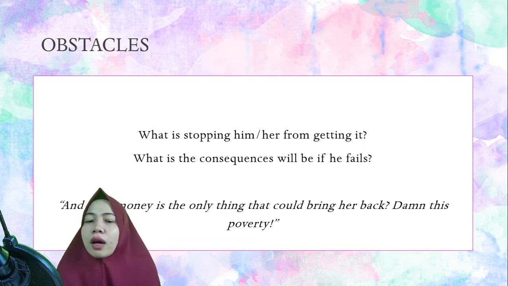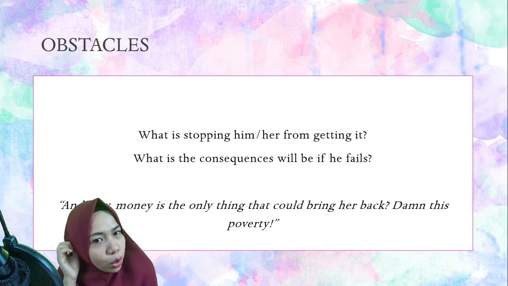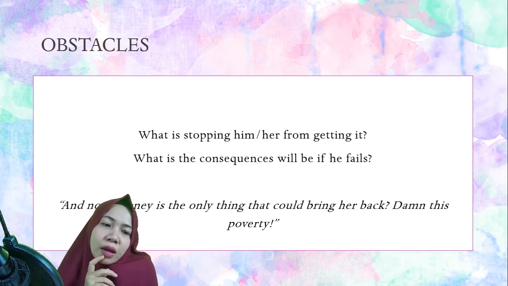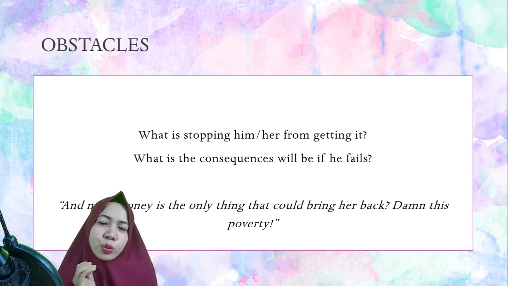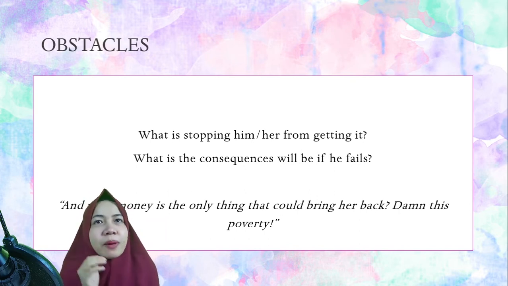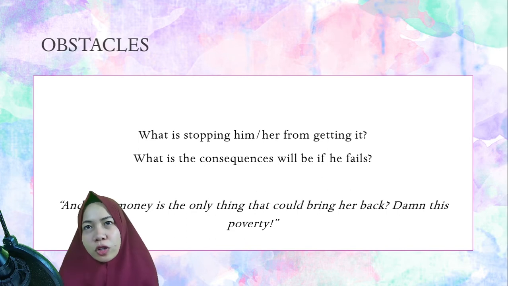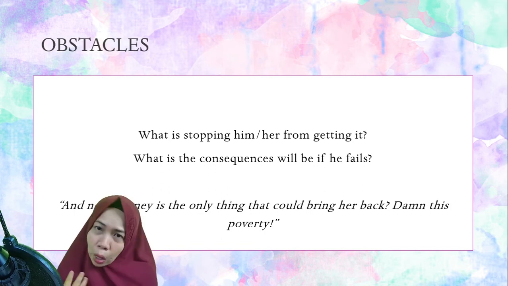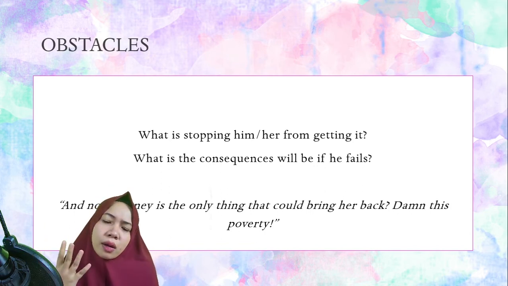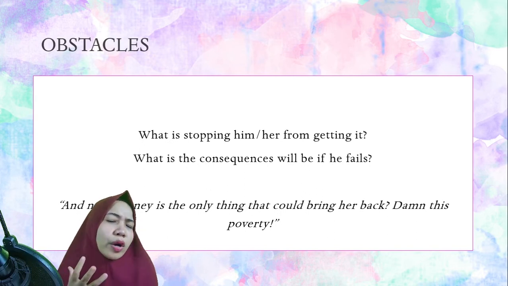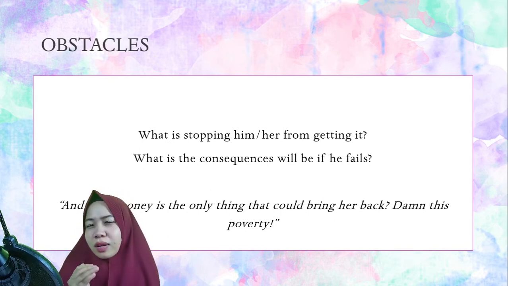Okay, this is still with the story of Nilo, my prose fiction, and this sentence goes: "And now money is the only thing that could bring her back. Damn this poverty." Okay, in the previous sections, we know that Nilo's mother lost her daughter, and she really wants Nilo to come back home, but then we think, what makes Nilo unable to come back in an easy way?